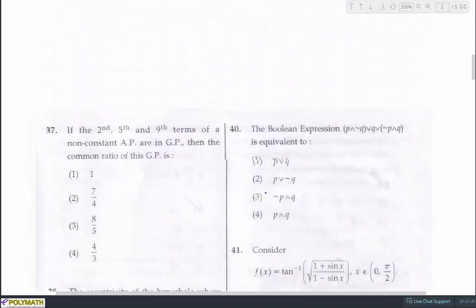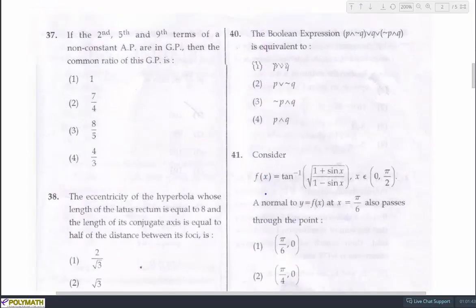Going to the next question, please. It is related to sequences and series. If the second, fifth, and ninth terms of a non-constant AP are in GP, then the common ratio of this GP is... What does it mean by constant AP? All the terms are equal.